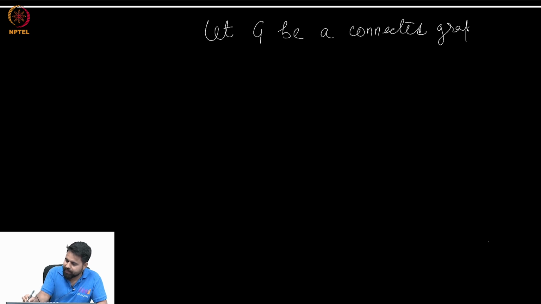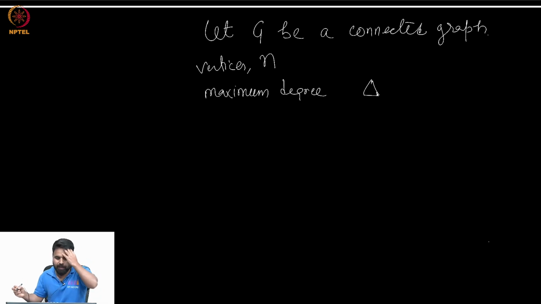So let G be a graph, in fact a connected graph. Suppose there are n vertices. Suppose the maximum degree is, let me call it, delta.